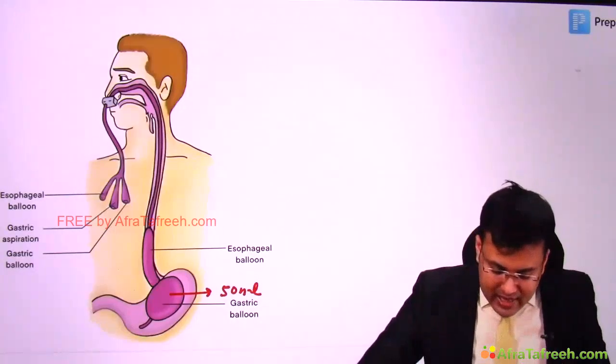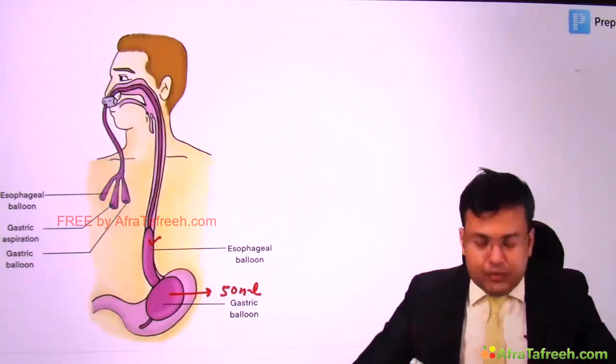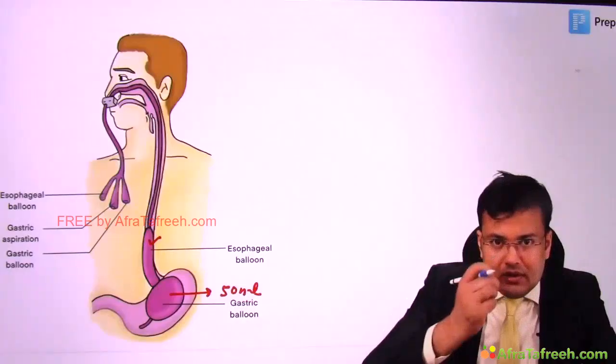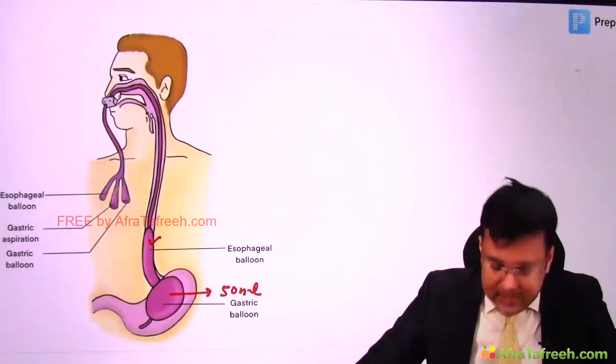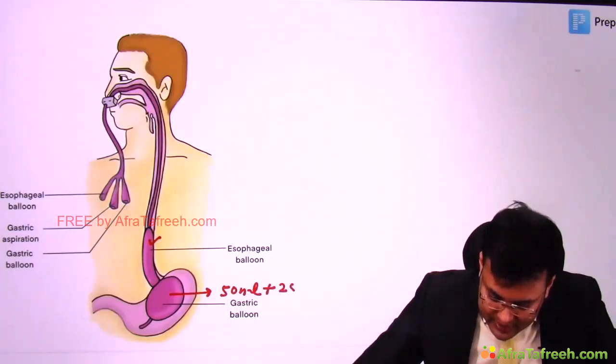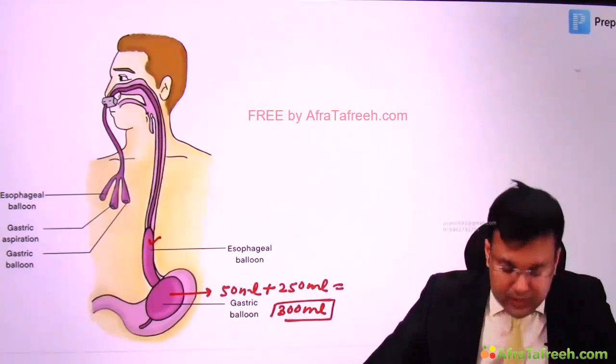So first we put 50 ml and pull the tube. When the balloon is stuck at the GE junction, we further add 250 ml of air in the gastric balloon. So total how much? 300 ml. After that we start inflating which balloon?